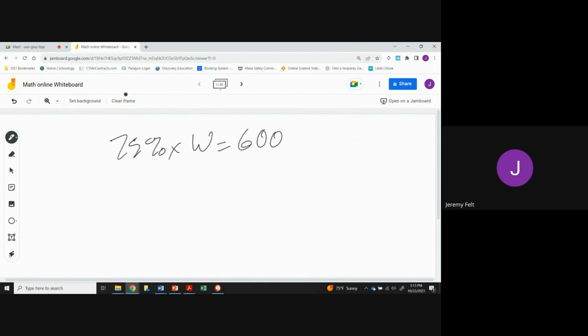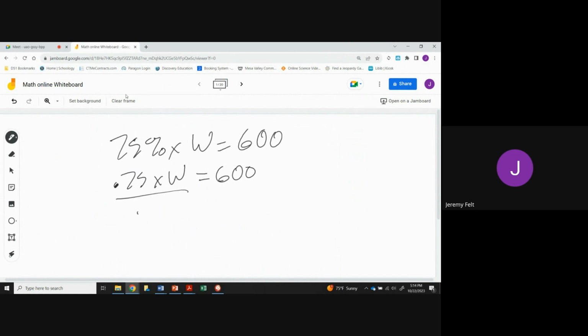So again, I have to move the decimal over. I can write this as 3/4 if I want, or I can do it as 0.75. Again, since we can use a calculator, and percents to decimals and decimals to percents are pretty easy by now, I would just do it that way. We can do 3/4, then multiply by 4/3 on both sides.